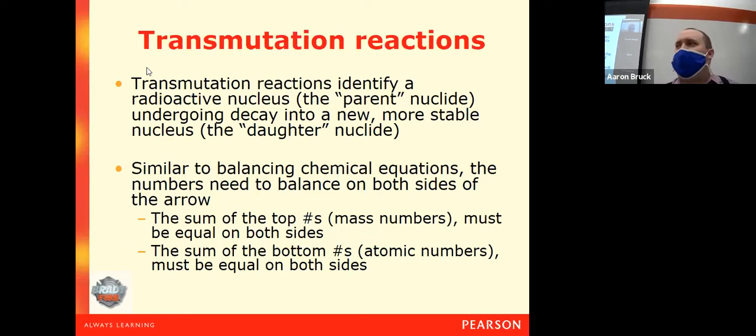And this parent atom is radioactive, unstable, and as a result of that unstable nature, it's going to go through one of these three types of decay: alpha, beta, or gamma. When it does so, it is going to form a more stable nucleus in addition to the radioactive particle. That more stable nucleus is known as the daughter nuclide.